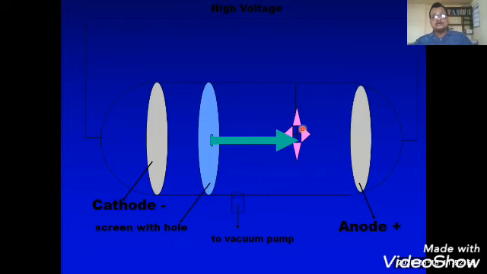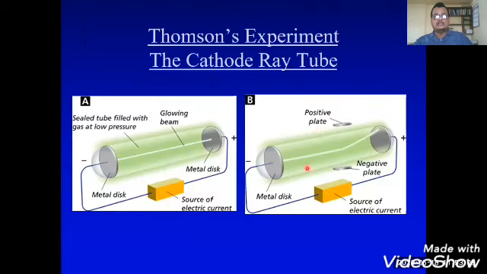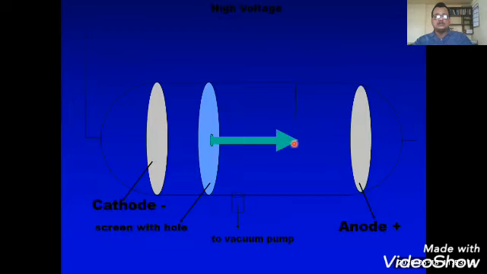So from this experiment, it was established that cathode ray contains particles, and these particles must have been negatively charged, because in our earlier experiment we could see the cathode ray bend toward the positive plate, and now this experiment shows that cathode ray contains particles, because if we place a paddle wheel in the path of the cathode ray, it got deflected. That means these blades must have been hit by some particles, so it went into motion.